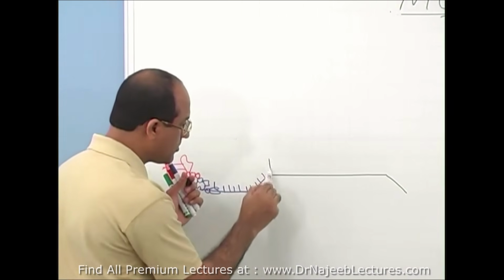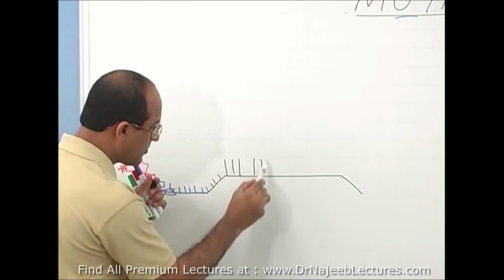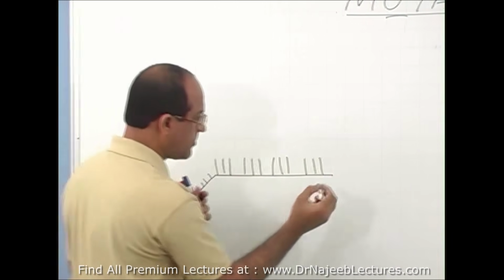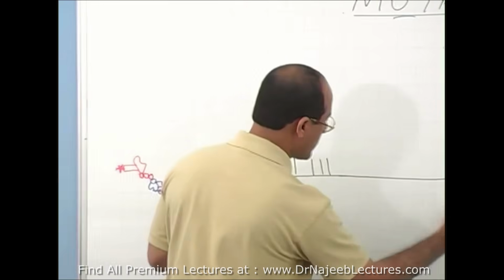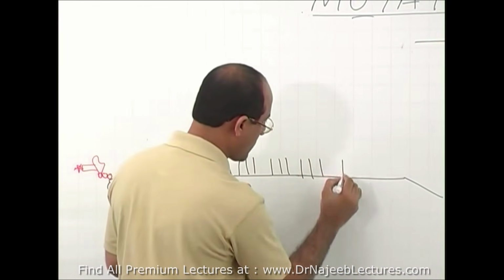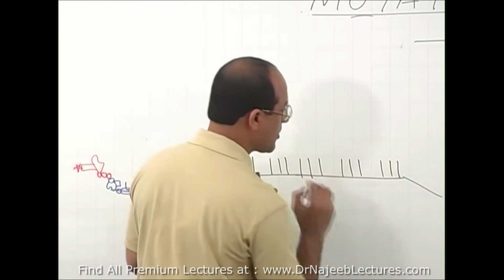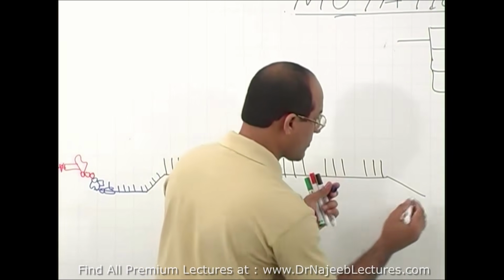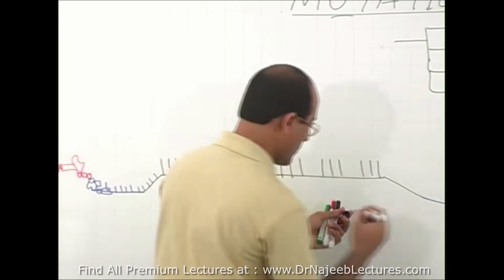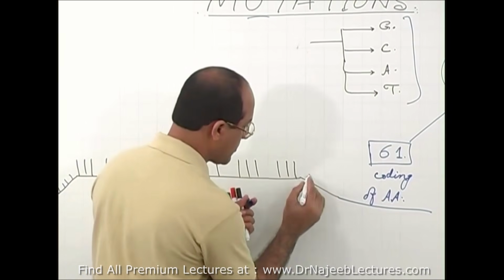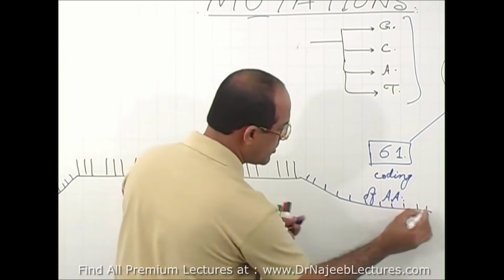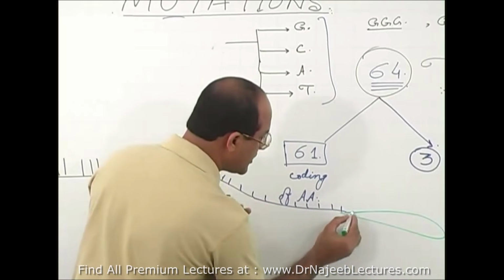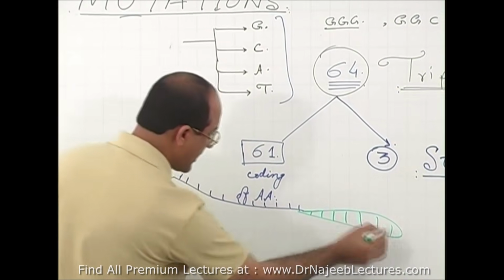This is a mature messenger RNA. This is the 3' end and here is attached the poly A tail.